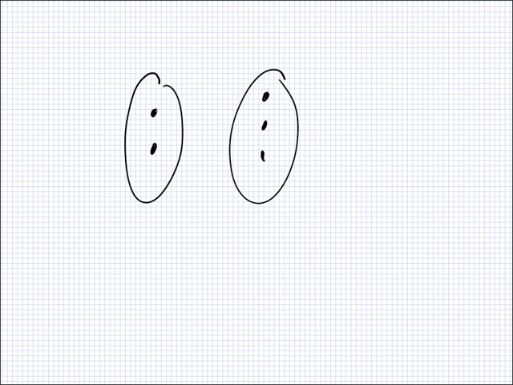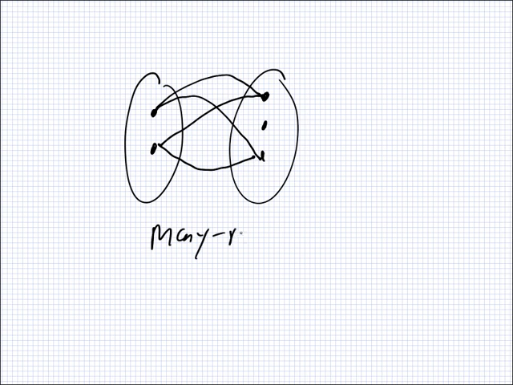So a goes to z, a also goes to x, b goes to z, and b goes to x. So this is one-many, and this is one-many. But this, okay, it's many-many, isn't it?